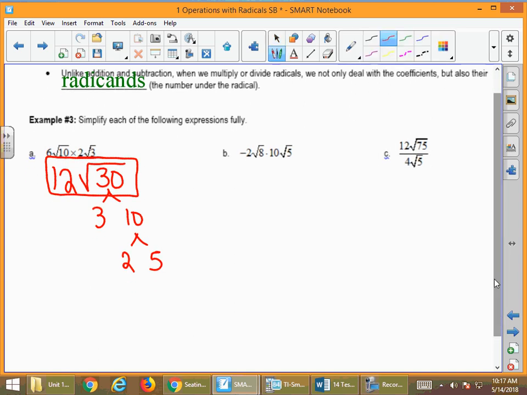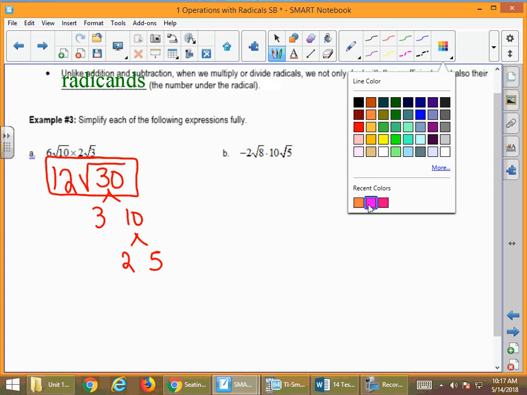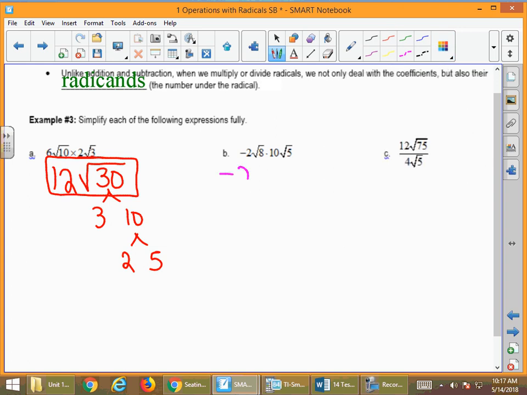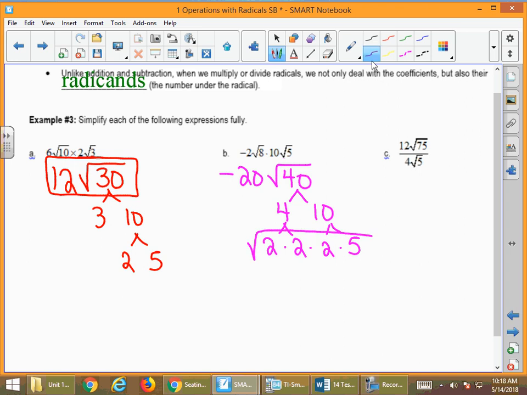When we look at letter B, same thing. Negative 2 times 10 is negative 20. 8 times 5 is 40. But we need to look at our square root to see if we can simplify. Well, 40 is 4 times 10, which is 2 times 2 for 4 and 2 times 5 for 10. When we're looking at this, we're looking for 2 of the same to take out 1.